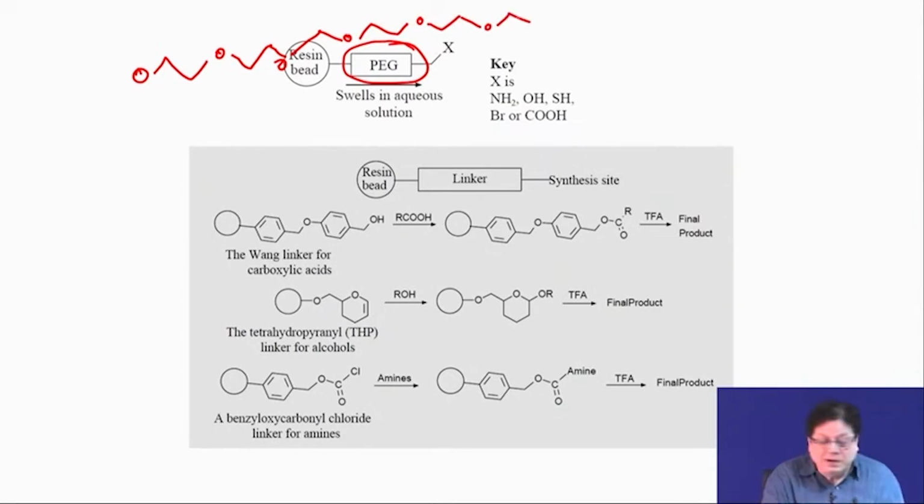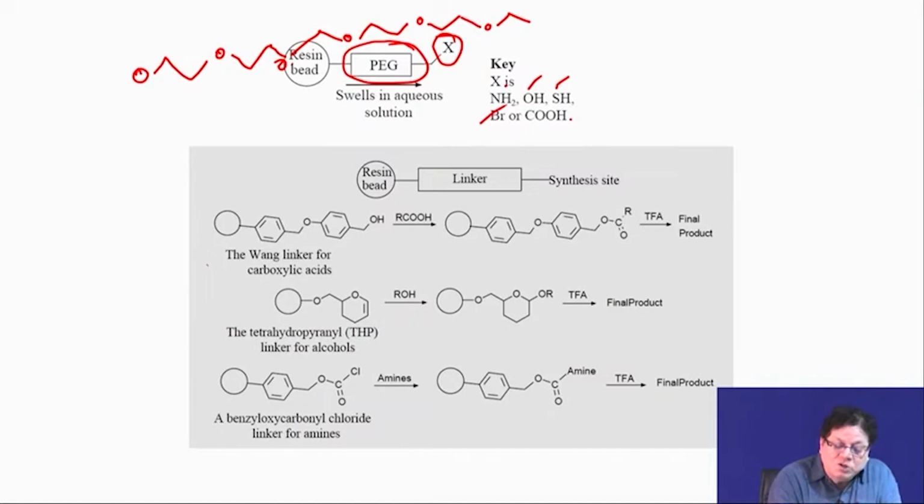So, you have the resin bead, then the polyethylene glycol chain and then a reactive X. As you put it in aqueous solution, this swells. Swelling is important because that allows percolation of the other entity that is reacting with it. X is NH2, OH, SH, and all these reactive functionalities.